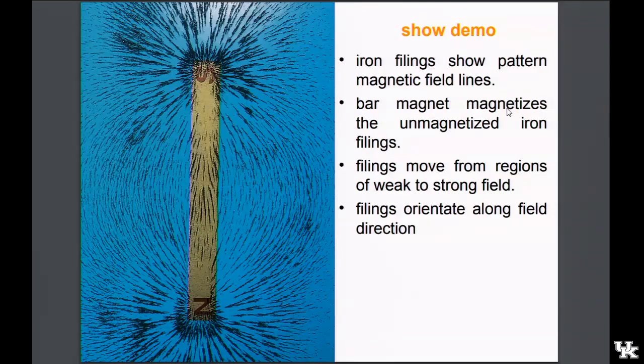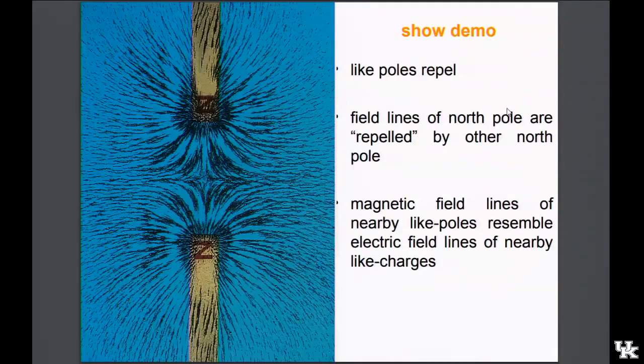Here are pictures of the same situation. So this is just a magnet, north pole, south pole, strong magnetic field, field lines that are emerging from the north pole and ultimately return to the south pole. This is the case of two north poles facing off against one another.